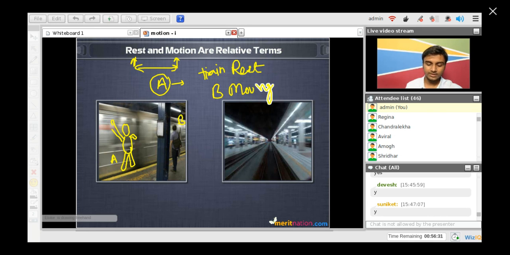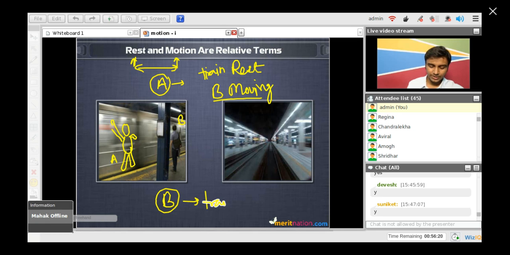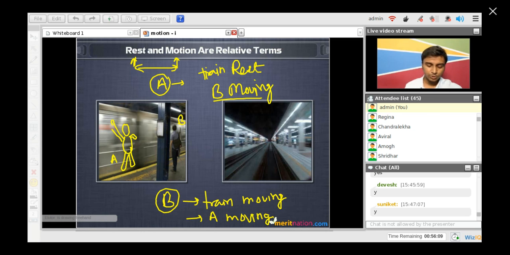You will see that the train is just at rest with respect to him, but man B is moving backward. With respect to man B, he will see that the train is moving and man A is also moving. With respect to B, the train appears to be in motion. With respect to A, the train appears to be at rest.